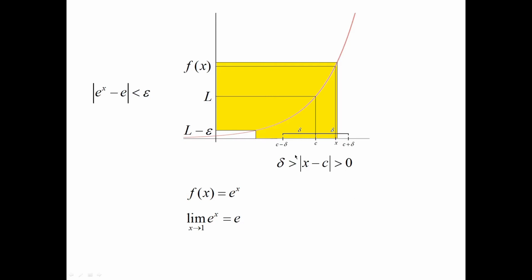And if we go to our other inequality, we know that c is 1 from the limit here. x approaches c, so c is 1. So I'm just going to change that c to a 1 there. And here we have our two inequalities that we're going to focus on now.